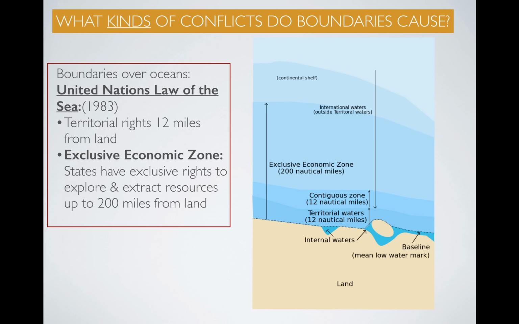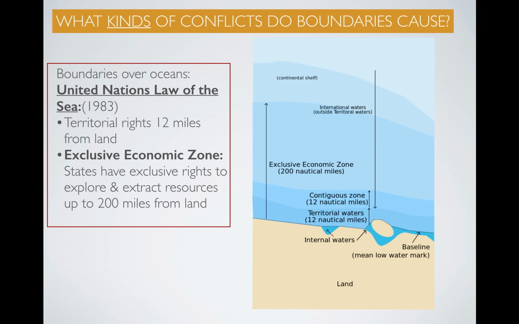Who owns water? In 1983, the United Nations, that supranational organization, an organization where countries are all working together for some greater cause, took this issue head on and created what is known as the United Nations Law of the Sea.